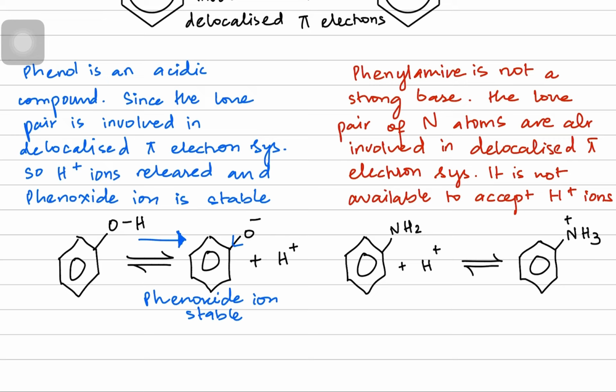It moves in the reverse direction more. So this reaction is favored in the reverse direction, so phenylamine is not a good base, phenol is a very good acid. The reason is the same, that is the involvement of their lone pair electrons within the delocalized pi electron system. Phenoxide was stable, phenylammonium was unstable.